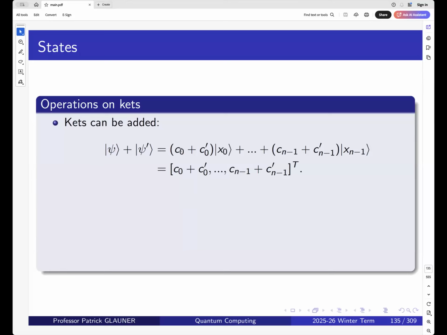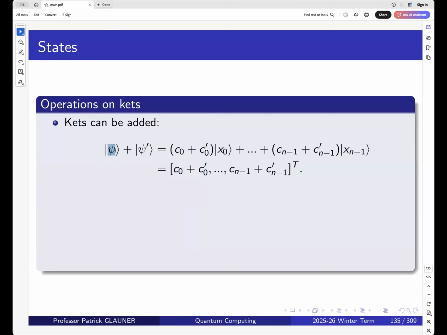We have a c0 in our psi ket and a c0 prime in our psi prime ket, and the result is that we just sum c0 and c0 prime, and we do this for all the other entries as well, as you have learned for vectors. Here we're just using a different notation.